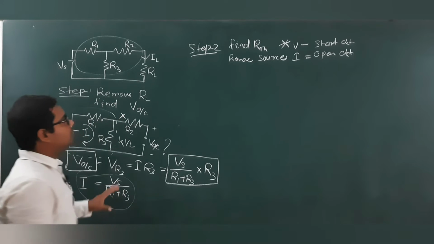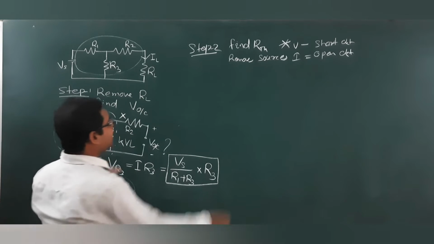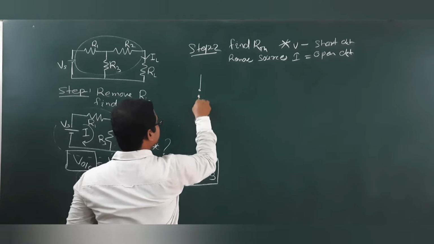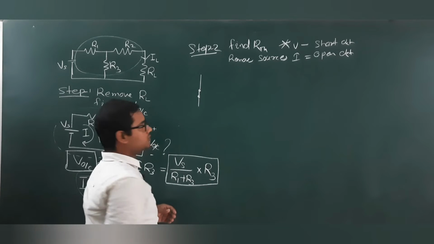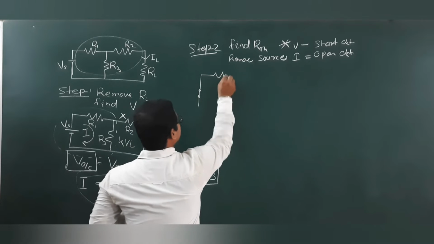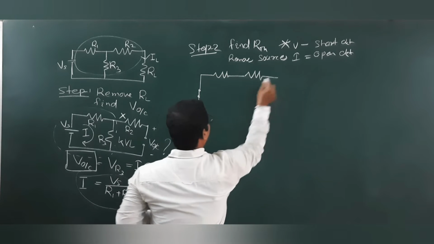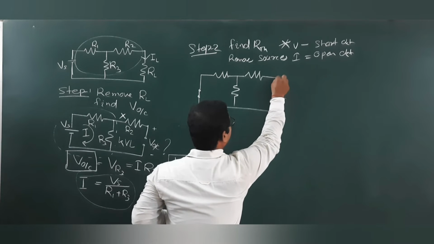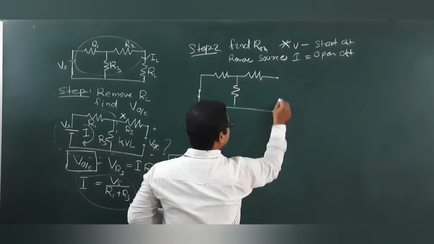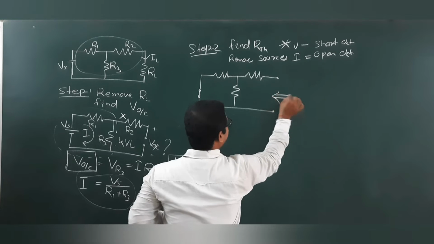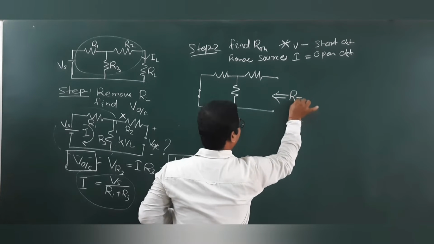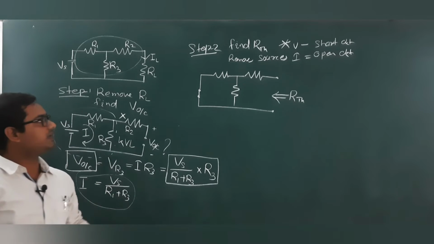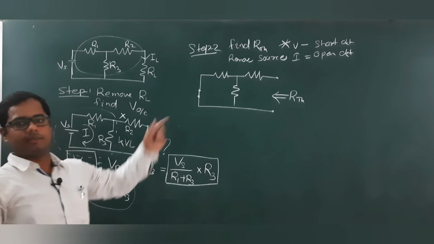Applying these things, the diagram will be like that. This is your voltage source, which is now shorted, and these are the resistances given for solving the theorem. This value is called the RTH value, or Thevenin equivalent resistance, or you can say the internal resistance of the given circuit.